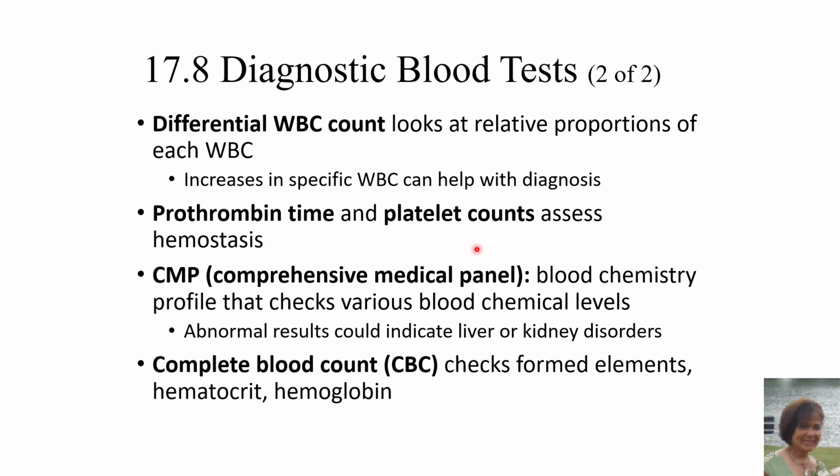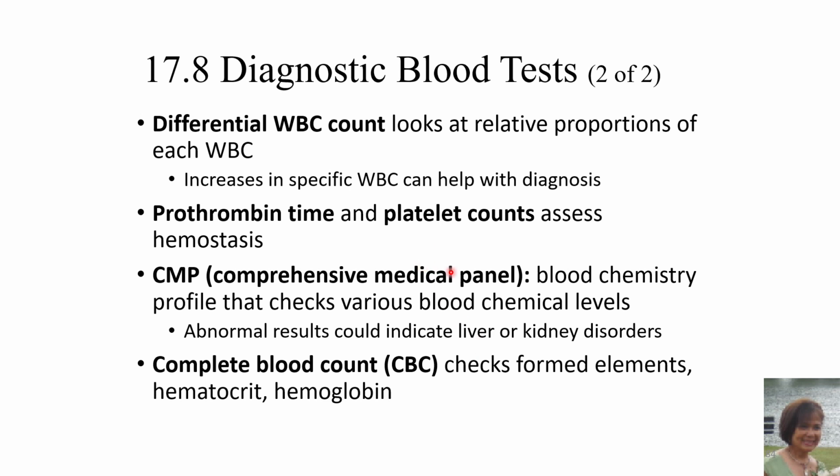Prothrombin time and platelet count will assess the speed of your hemostasis. A CMP, or comprehensive metabolic panel, is a blood chemistry profile that checks various chemical levels that would point to any disorder in your liver or your kidneys.